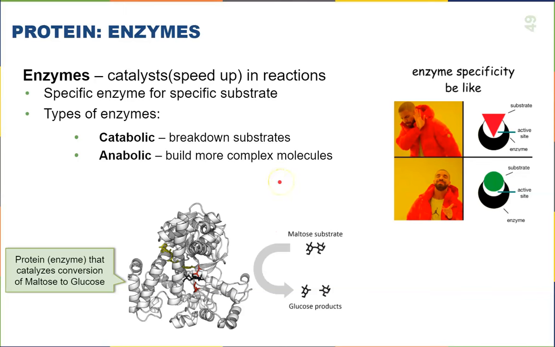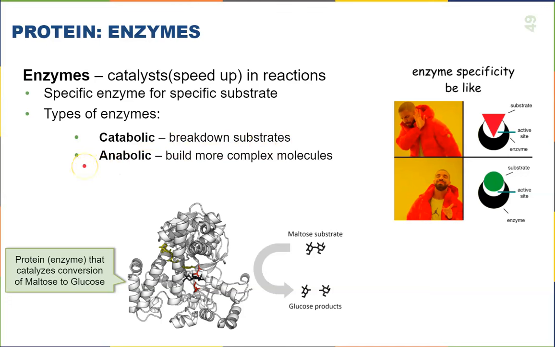So enzymes again. I told you we'd come back to enzymes. Enzymes are a special protein. They help speed up reactions. So the reaction could be that it's building something or it's breaking something down. So if we're talking about an enzyme in your stomach that is breaking things down, that would be a catabolic enzyme, okay?